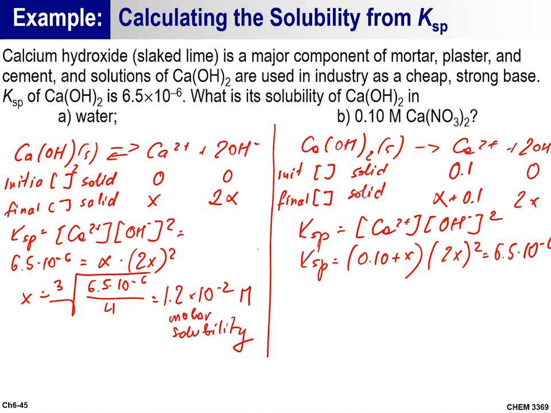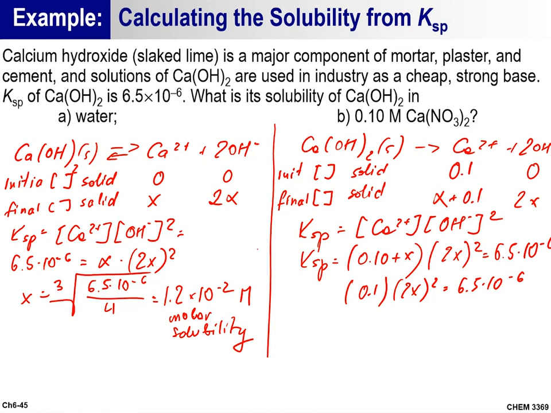So let's just assume that this is true. If this is true, we can drop x from the term in parentheses, and our equation becomes 0.1 times 2x squared equals 6.5 times 10 to the negative 6. This is now a very simple equation to solve.